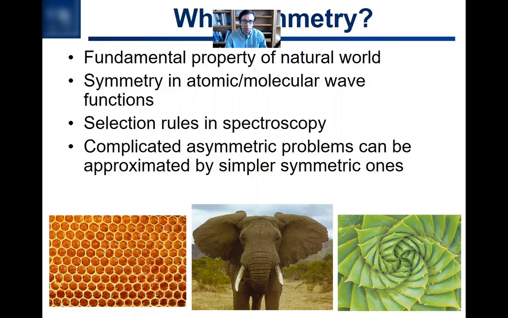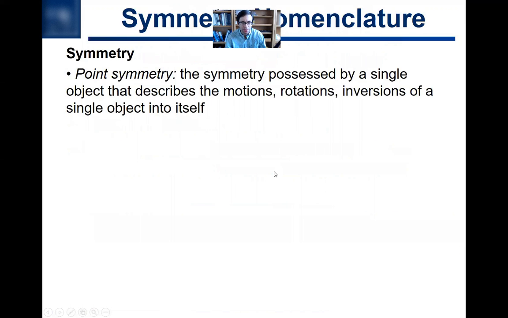And another thing that we'll see is that a lot of complicated problems can really be simplified by considering symmetric approximations. And a lot of times this is a pretty good approximation, okay? And so these are really the 4 different reasons why we study symmetry.